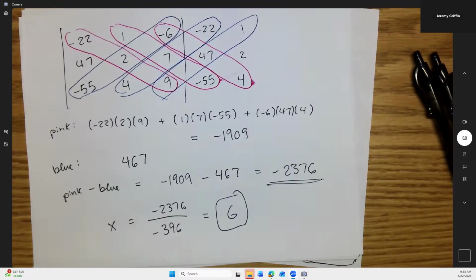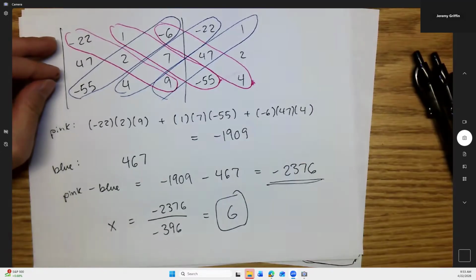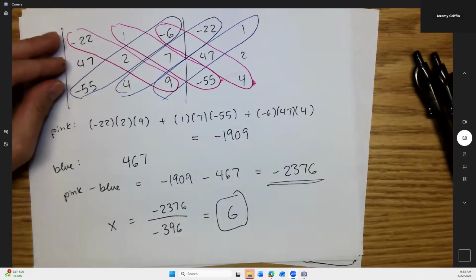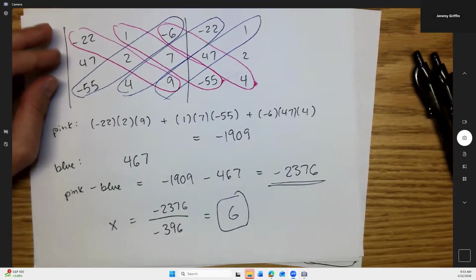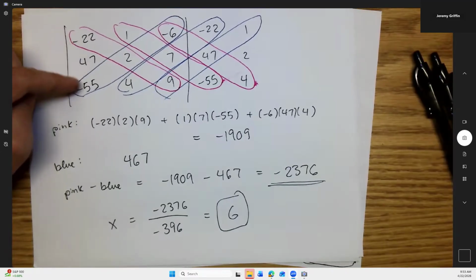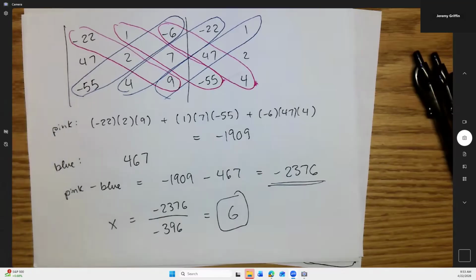How do you know that's x? Because we replaced the x column with the answers. Remember, we substituted for the x column. And we'll also do that for y and then z. So we've got one variable, we've got x. You guys good with x?